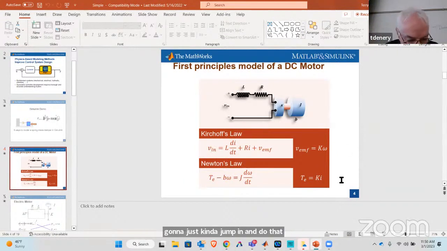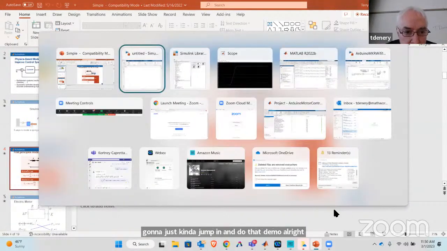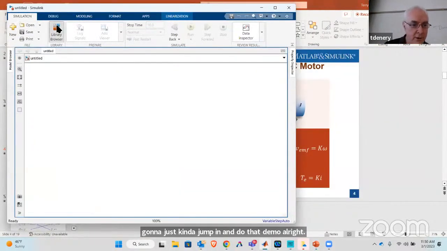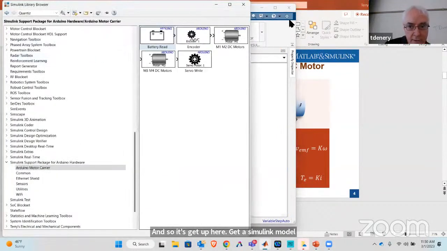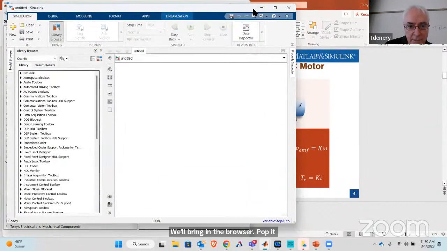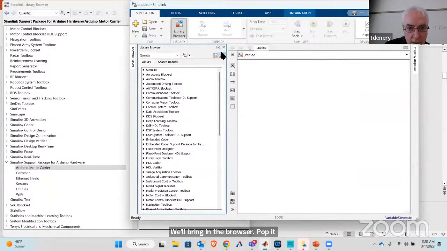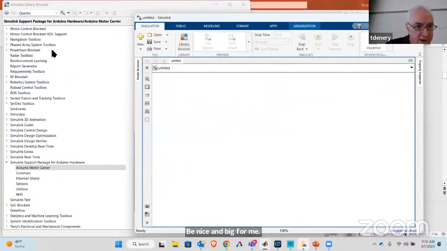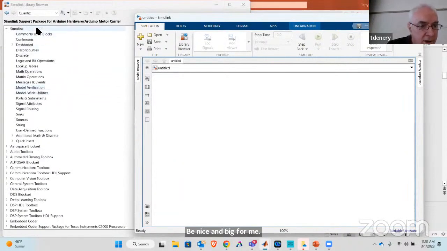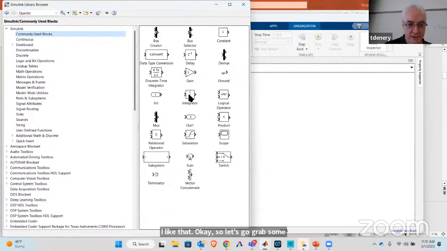All right. Let's get up here, get a Simulink model. We'll bring in the browser and pop it out so it'll be nice and big for me. Okay, let's grab some blocks. I definitely want an integrator.